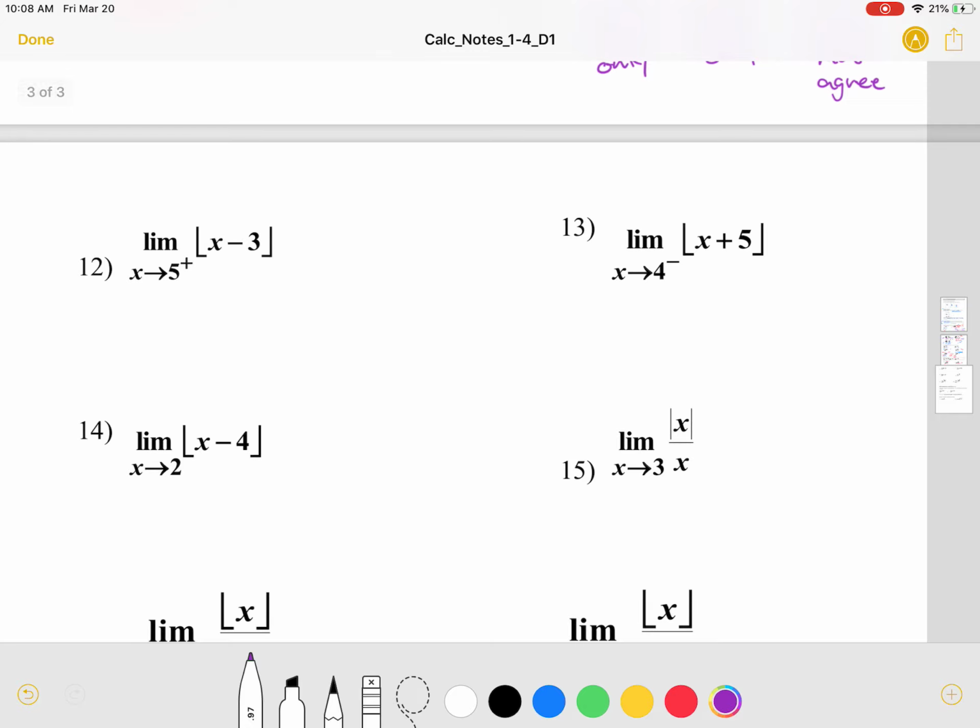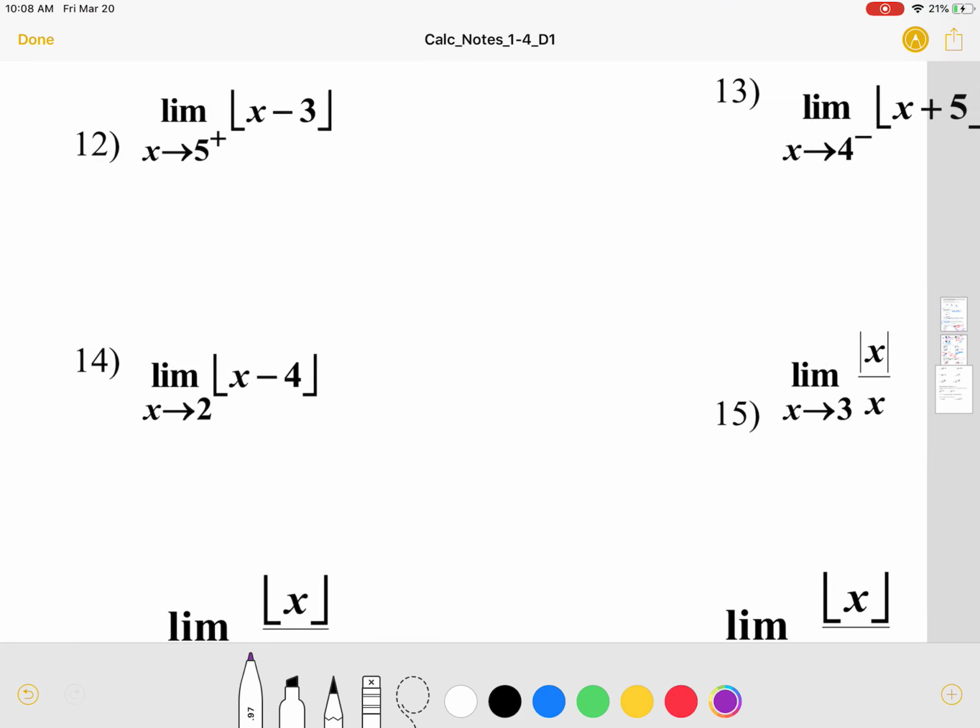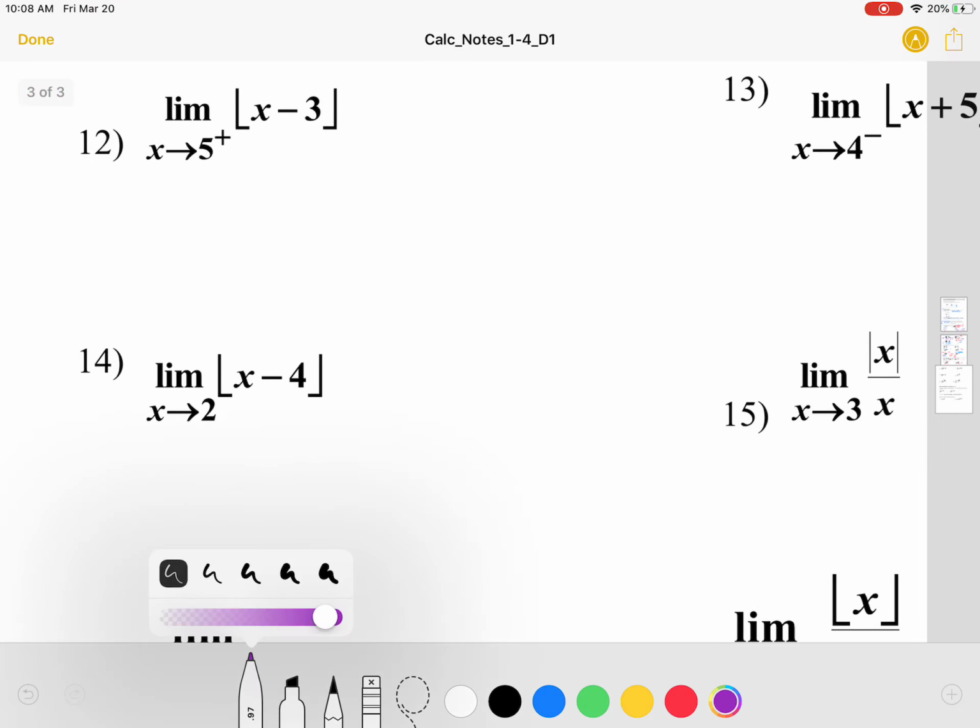So let's keep moving. Next page, we got more examples, always more examples. We're looking again at these types of step graphs where we have the limit of x minus 3. They only want us to look at it from the right only. So this is where those tables would come in handy.